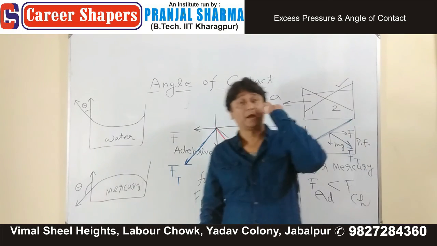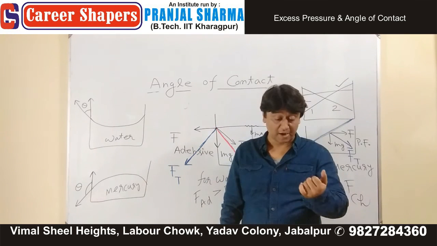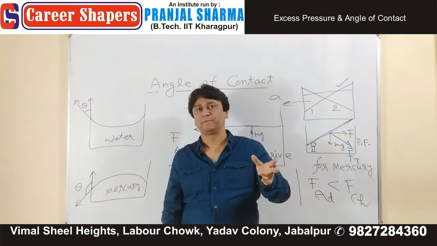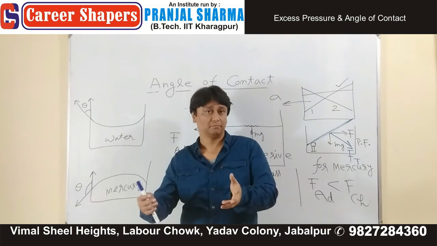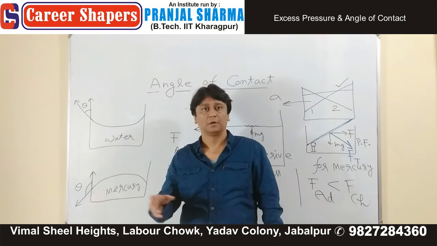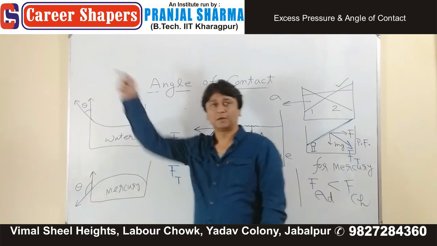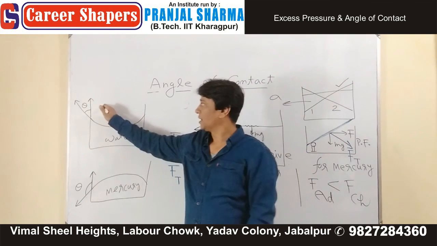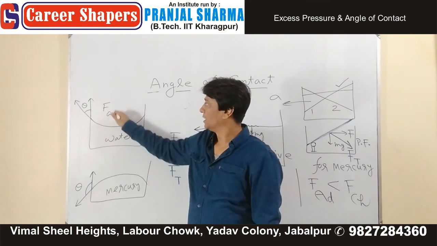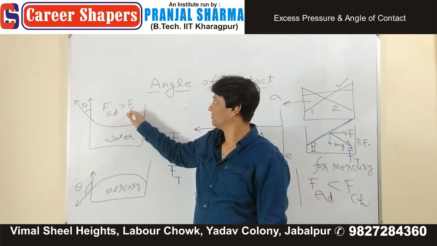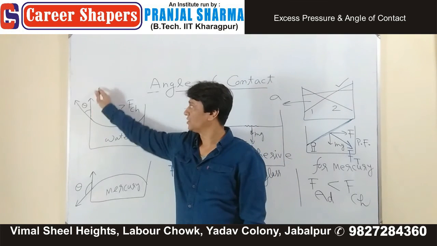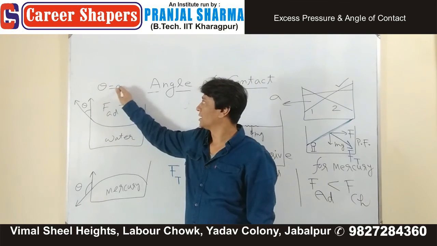What did I ask? If F adhesive is greater than F cohesive, immediately we think of F adhesive between the walls and the liquid, water sticks. So it is about water. In the case of water, F adhesive is greater than F cohesive, and in that case the angle of contact theta is an acute angle.